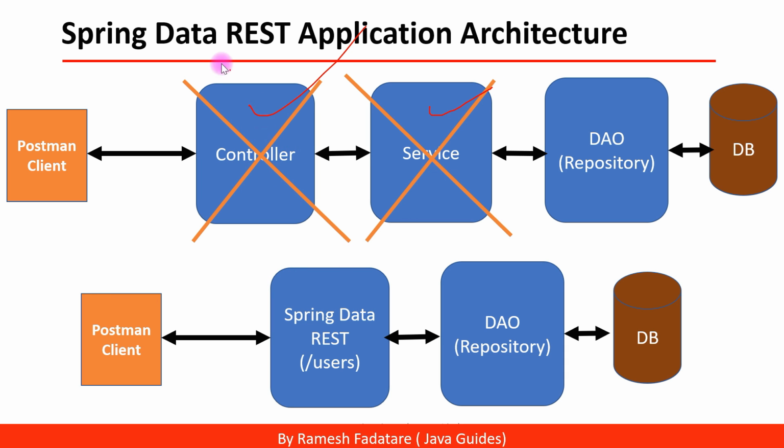This is how Spring Data REST minimizes the boilerplate code required to develop the controller and service layers. The Spring Data REST module uses Spring Data JPA repositories, and based on the entity type that we pass, it will create REST APIs for that entity. Look at how the architecture is simplified by Spring Data REST.